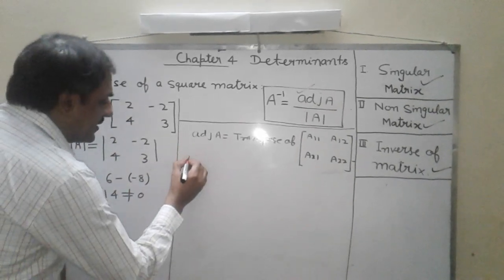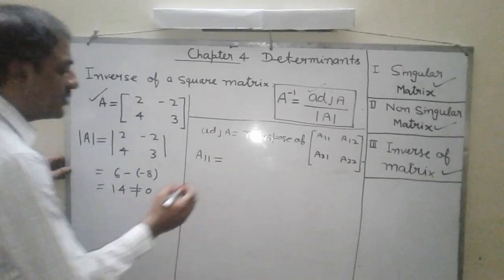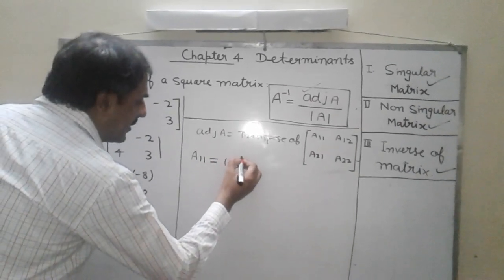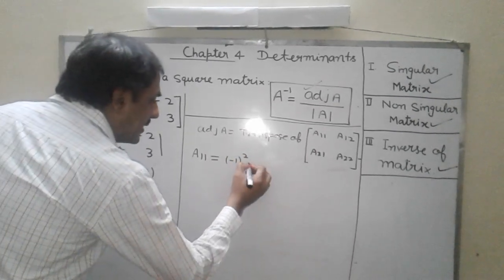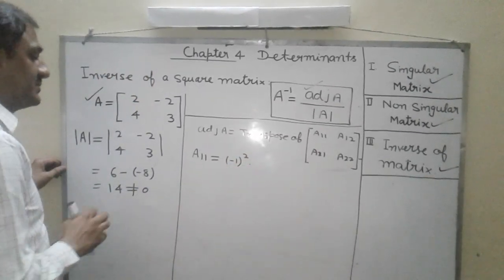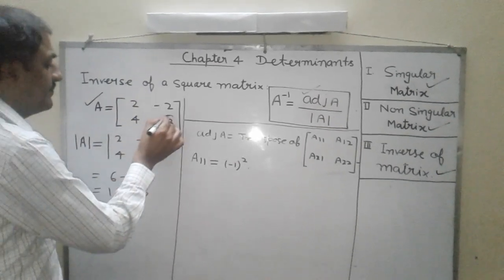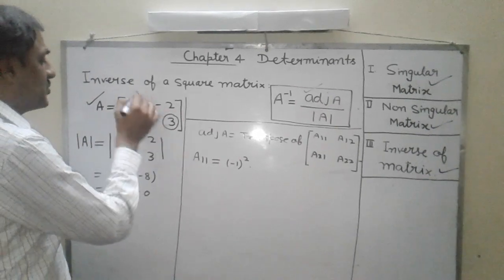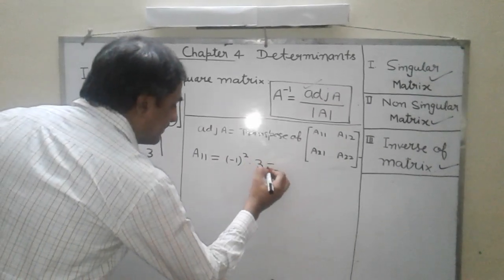I am going to find the value of A11. The value of A11 is equal to minus 1 to the power 1 plus 1, into the minor of this element. The minor of this element, after taking out the first row and the first column, is equal to 3.